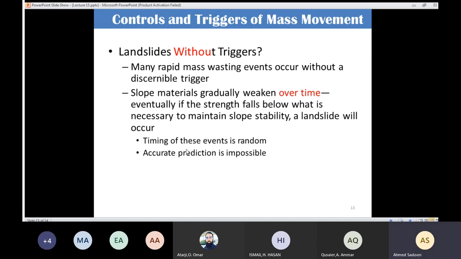Accurate prediction is impossible. So if you see mass movement without any of the discussed triggers, the situation is going to be dangerous because it's difficult to predict the mass movement in that case.